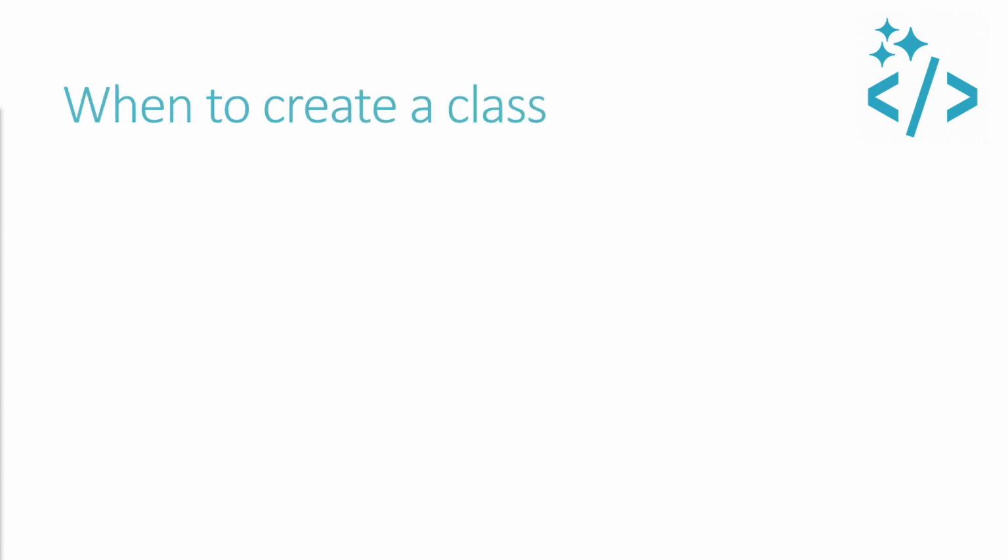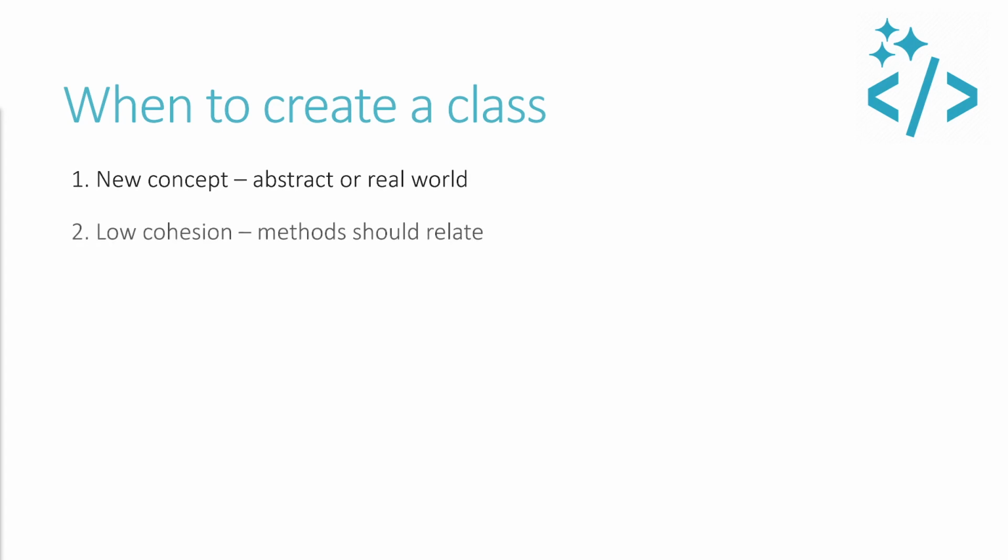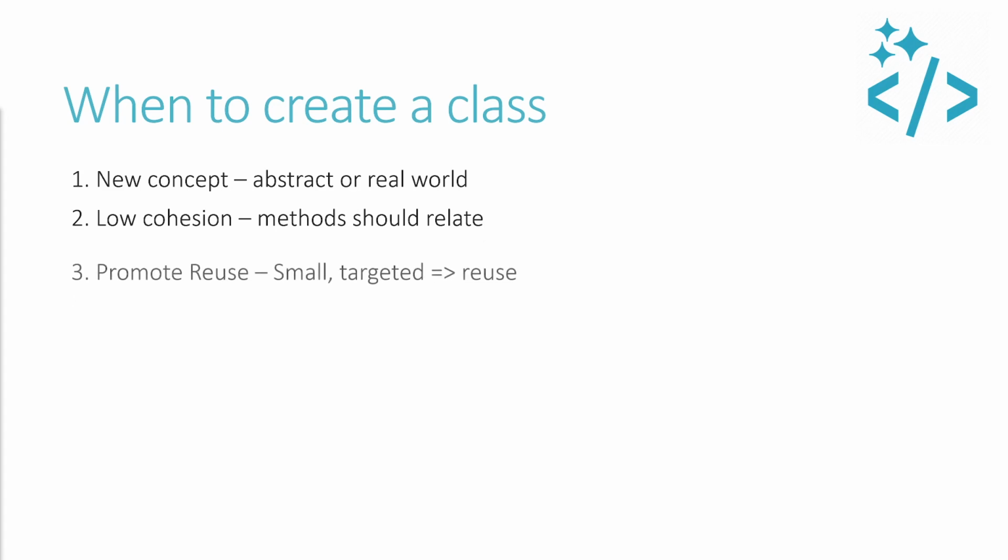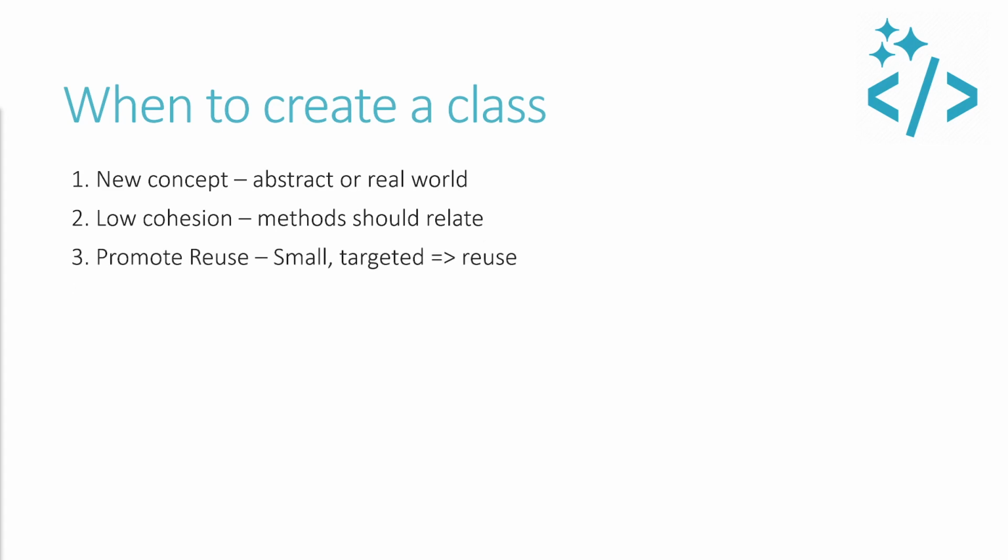Talking about classes, when should we create a new class? Basically when we have a new concept, an abstract concept or a real world concept, to create high cohesion, so methods from a class should relate to each other. It promotes reuse, so these classes should be small and targeted, and classes should be created to reduce complexity.